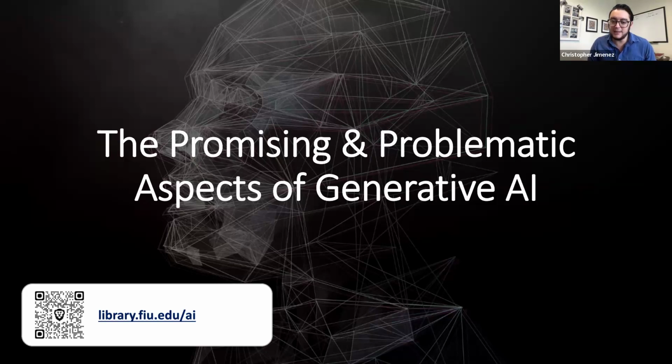Turnitin claims to have a very high accuracy score, but it's also another black box, basically, where it's like, we're right, and we're not really going to tell you why we're right.